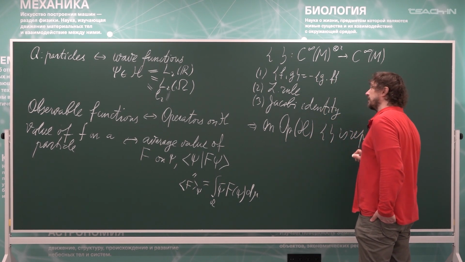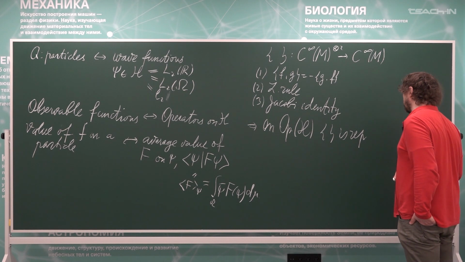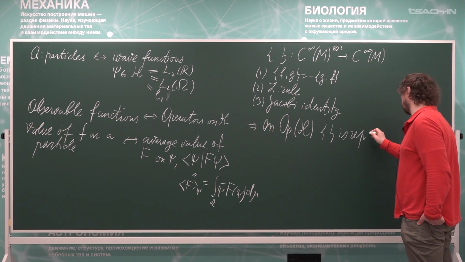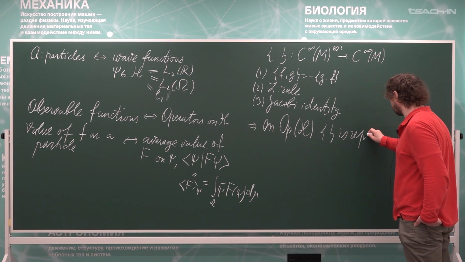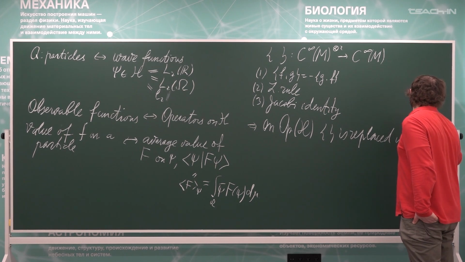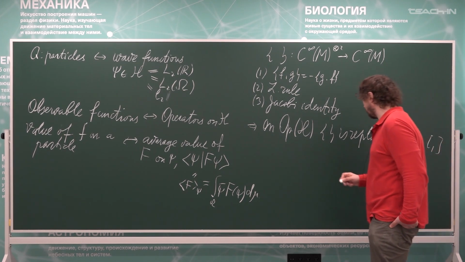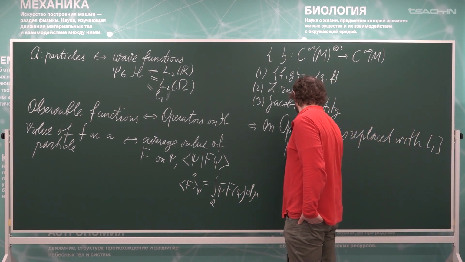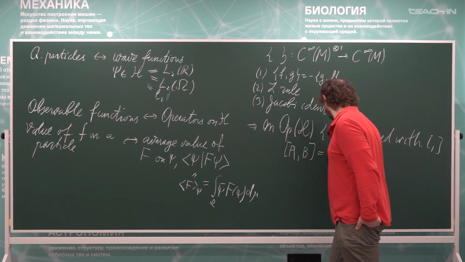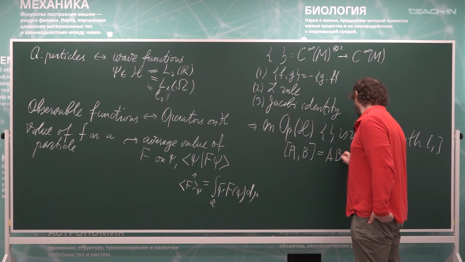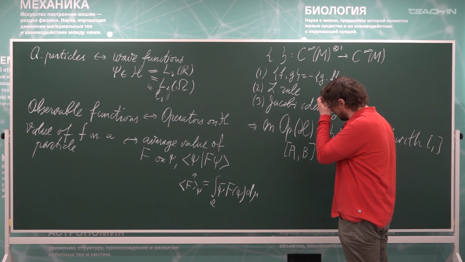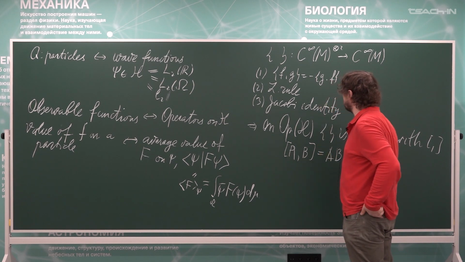Let me briefly explain why this is the only operation with these three properties. The commutator is, when we take A and B and take the difference AB minus BA. The fact that this operation verifies all three properties is almost evident.